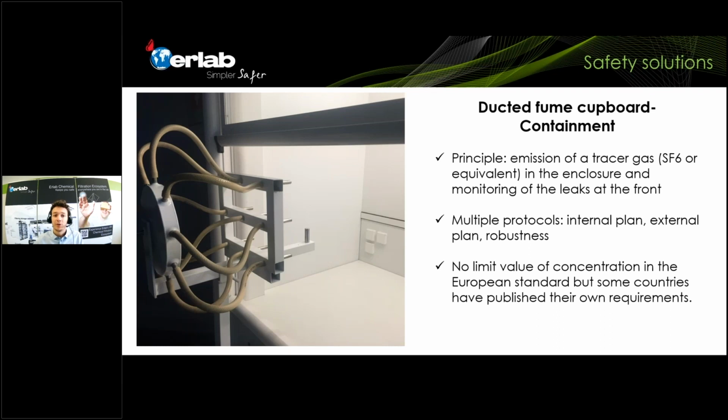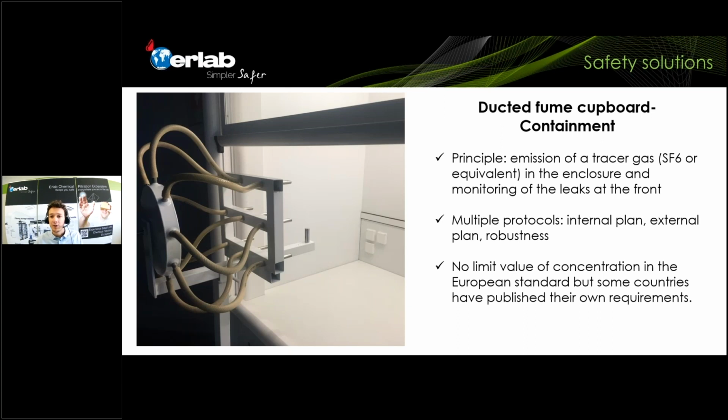So a ducted fume hood, for the people who don't see the slide, normally it should appear just in a minute. The principle of a containment test, which of course creates that air barrier, is by releasing some chemical products. In this case, in the standard, it's SF6, which is sulfur hexafluoride. It's quite a heavy chemical.